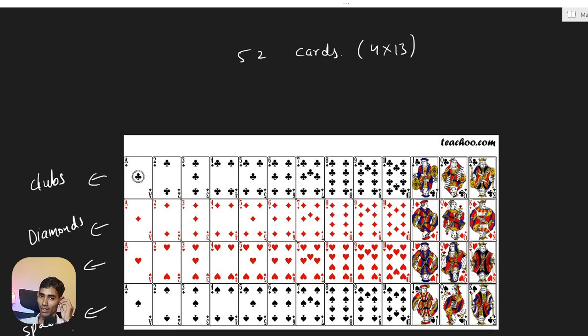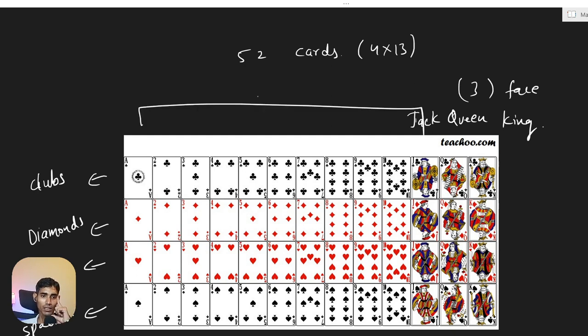Now there are some face cards: jack, queen, and king. These three face cards are in each of these 13, and a total of 10 numbered cards.